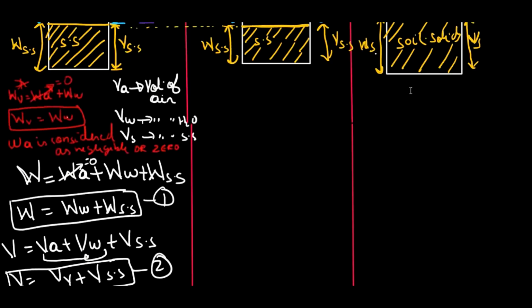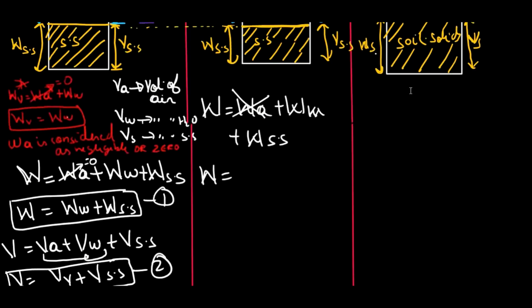Now in this case I can write my total weight of soil as weight of air plus weight of water plus weight of soil solids. Here also weight of air is absent, because the soil is present in fully saturated condition, so the total weight of soil is equal to weight of water plus weight of soil solids only.